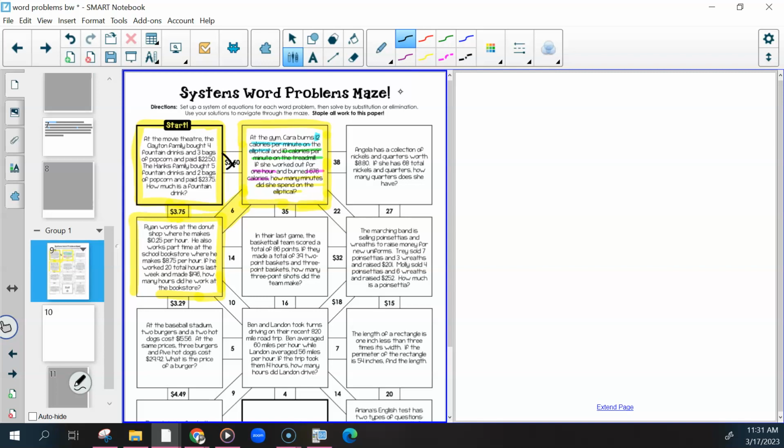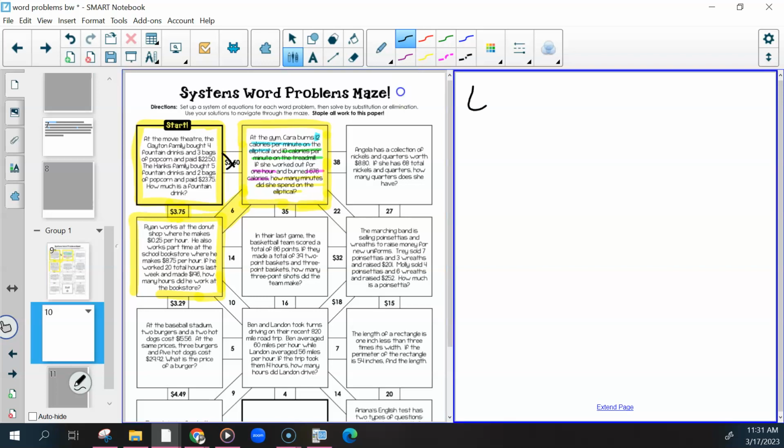Alyssa? Okay. We'll make them capital. And what do E and T represent? Look at the question. The question will help you figure out what we don't know.